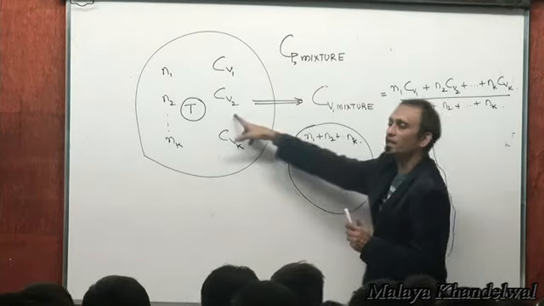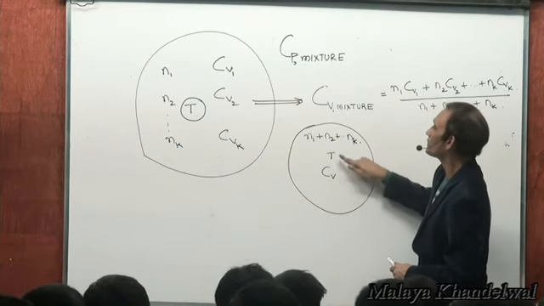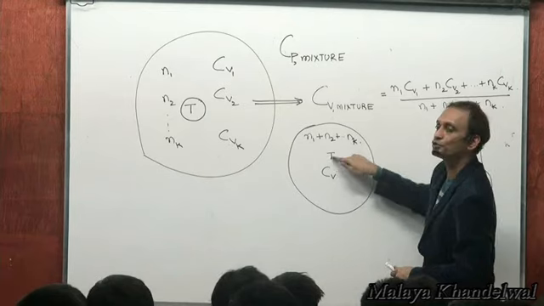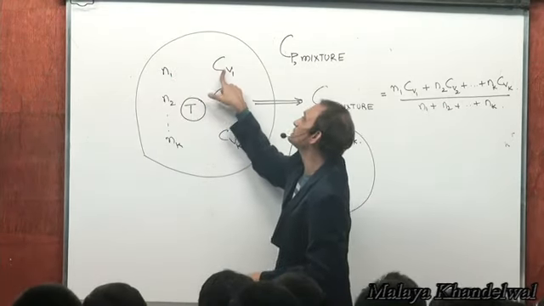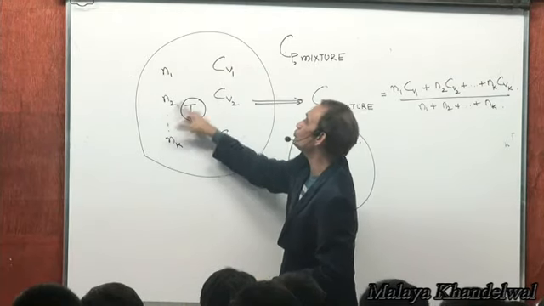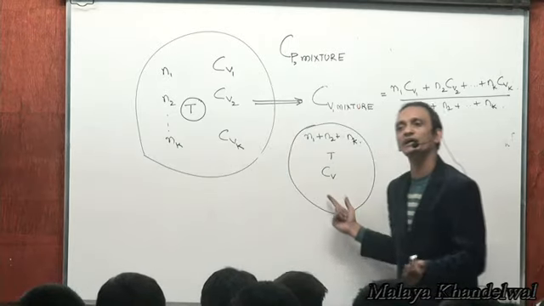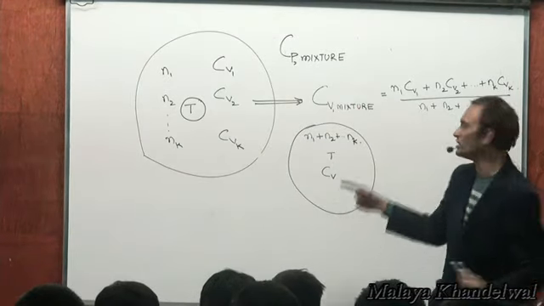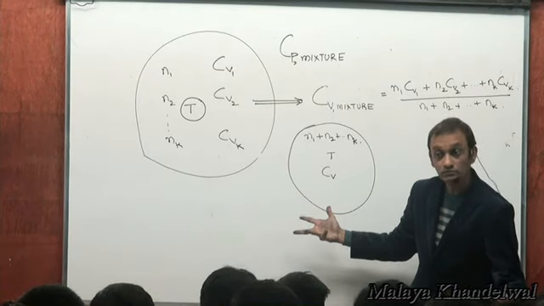Now, the internal energy of this must be the same as the internal energy of this. What's the internal energy of this? Number of moles into Cv into T, and that must be equal to the internal energy of this, which is N1 Cv1 into T plus N2 Cv2 into T plus Nk Cvk into T. Equate their internal energies, you get the equivalent Cv for the mixture.